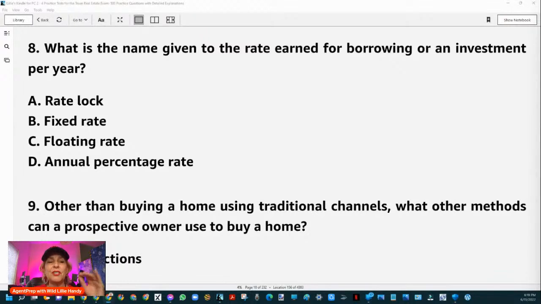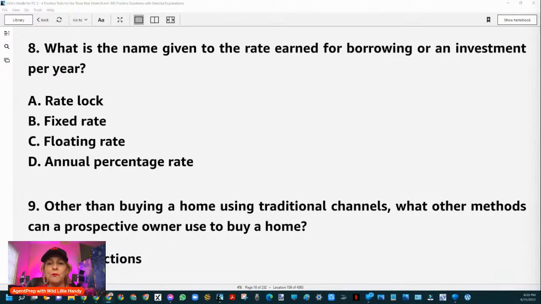The name given to the rate charged for borrowing money or for an investment per year. So what is the yearly rate? And yes, the answer is 8D, annual percentage rate.